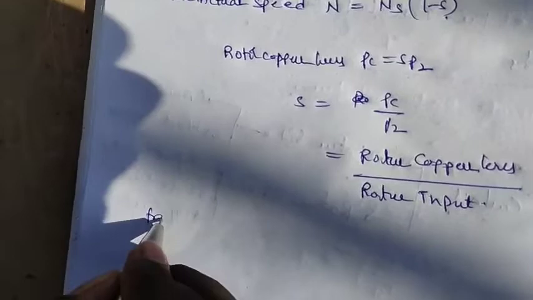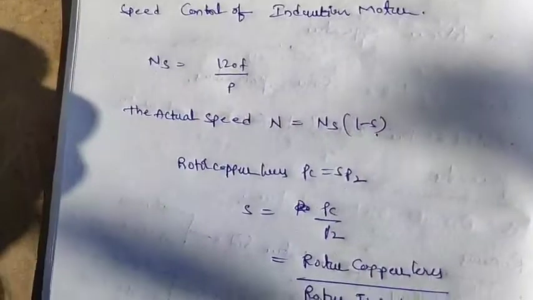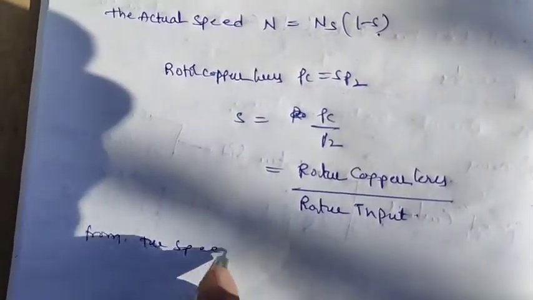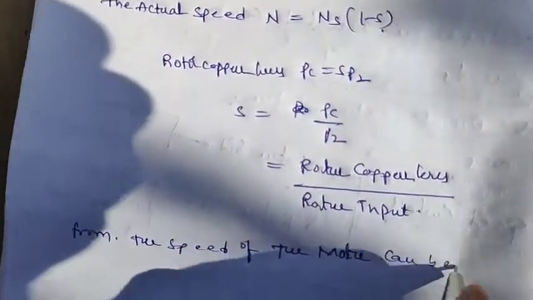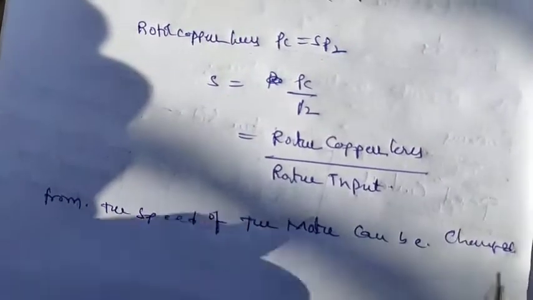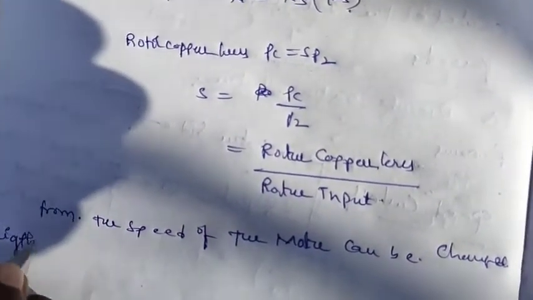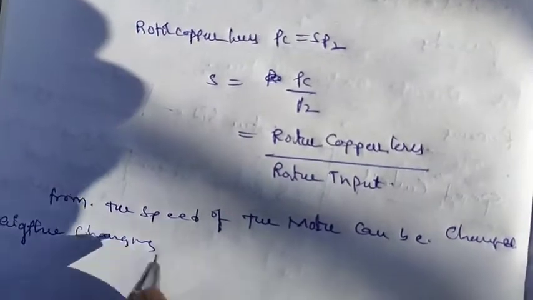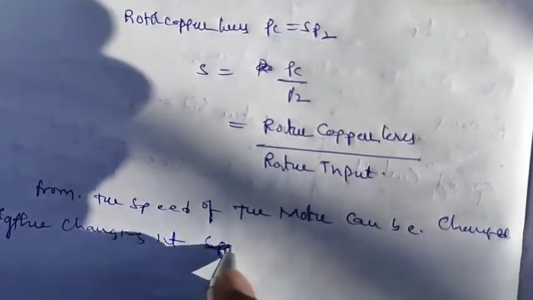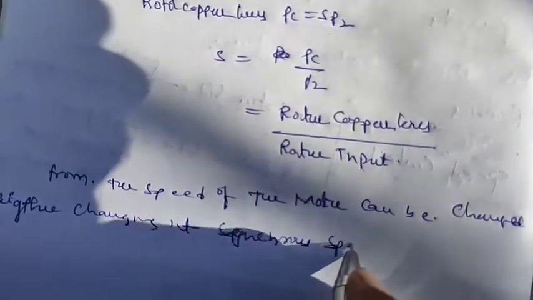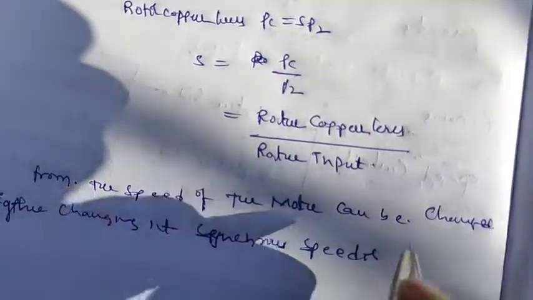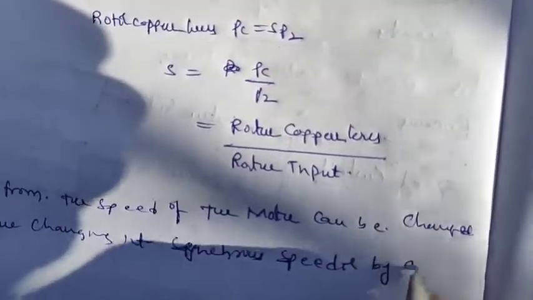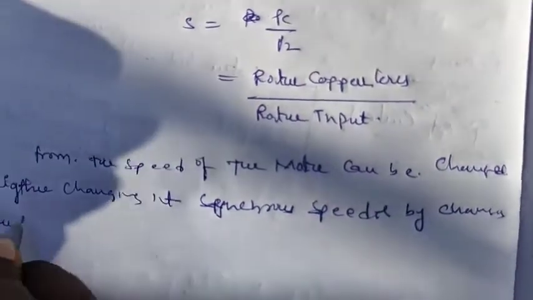So from the above equations, the speed of the motor can be changed either by changing its synchronous speed or by changing the slip.